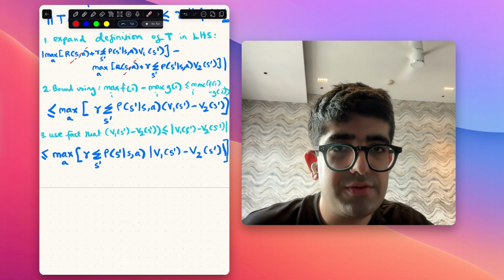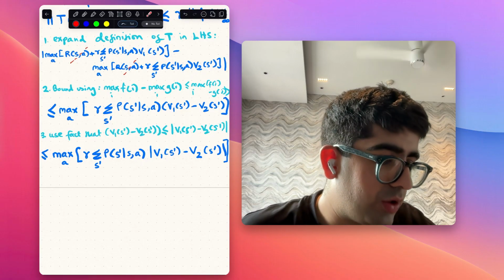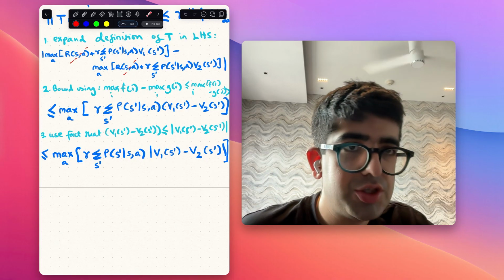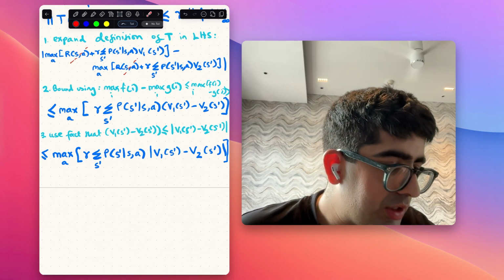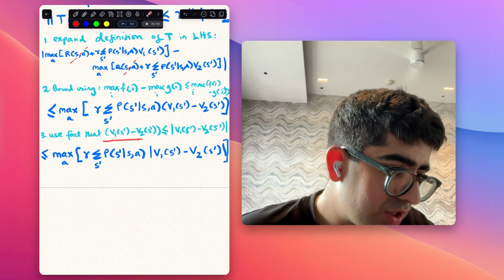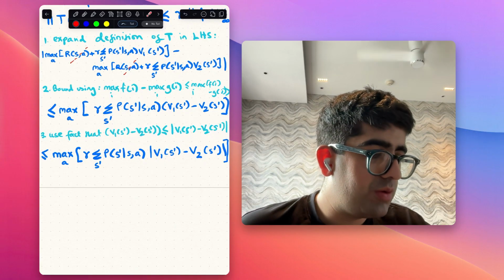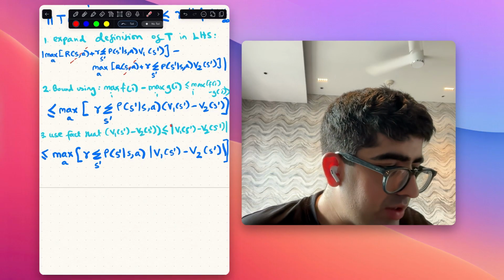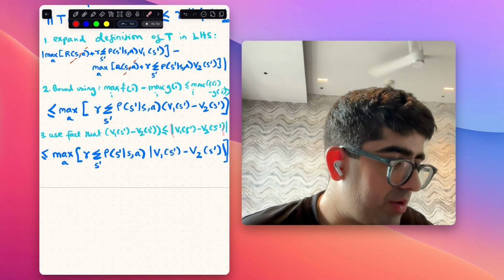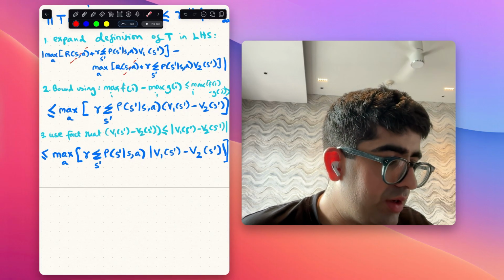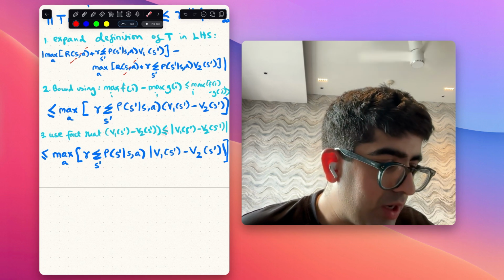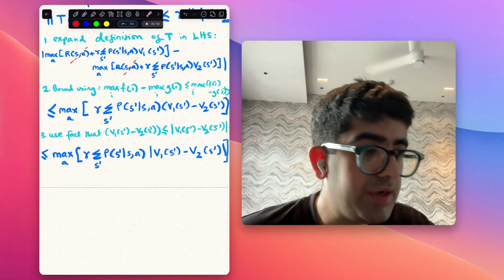Now the next steps of the proof get easier to follow. We can just make use of the definition of the absolute value to give us this relationship. What this means is that we know that the absolute value of the difference between V1 and V2 will always be greater than or equal to the regular difference between V1 and V2.